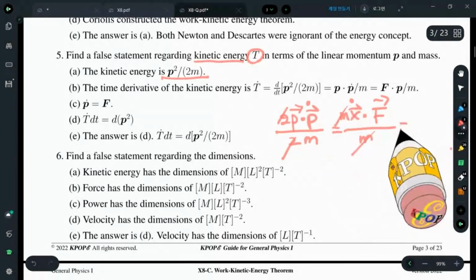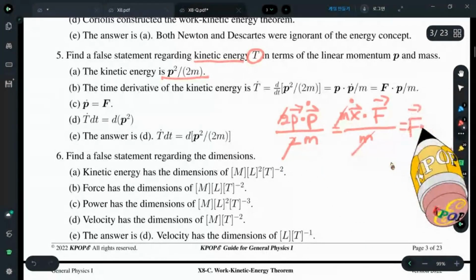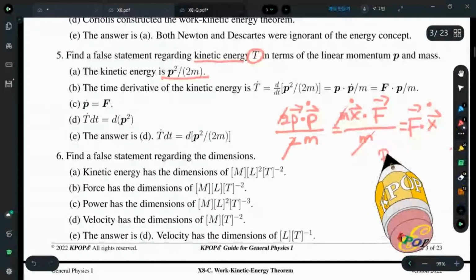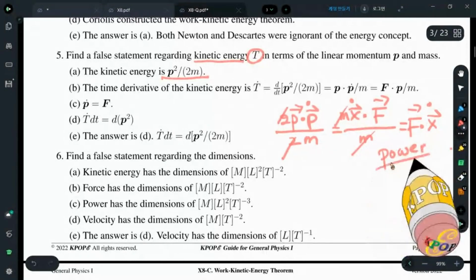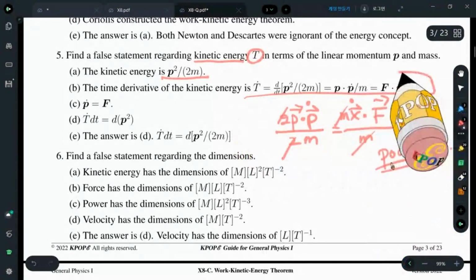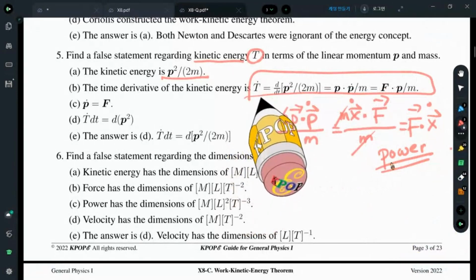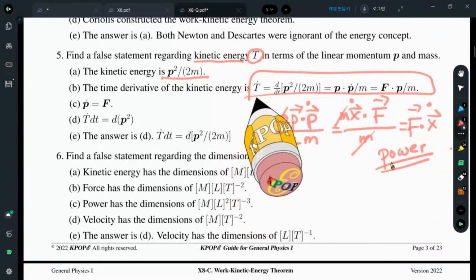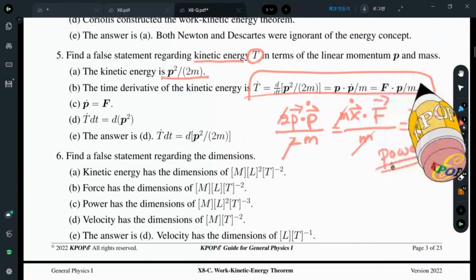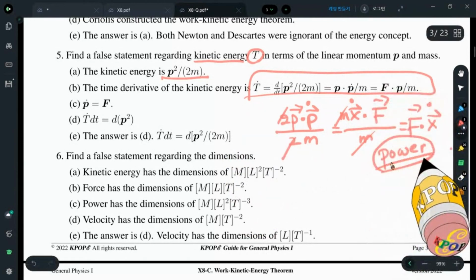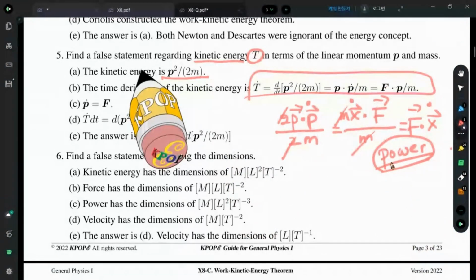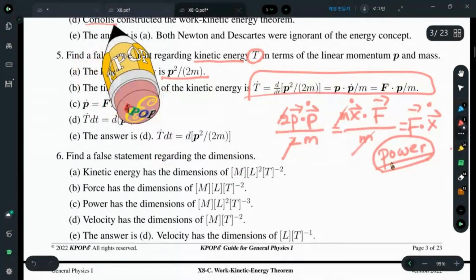So cancel, aha, F scalar product velocity. This is power. Actually, this is the origin of the work kinetic energy theorem. The kinetic energy's time derivative is nothing but power. That is the work kinetic energy theorem developed by Coriolis.